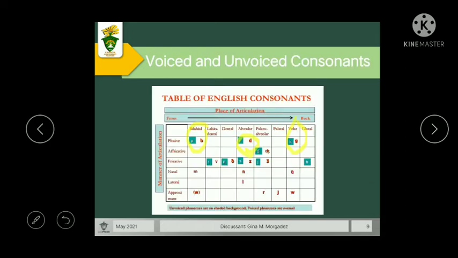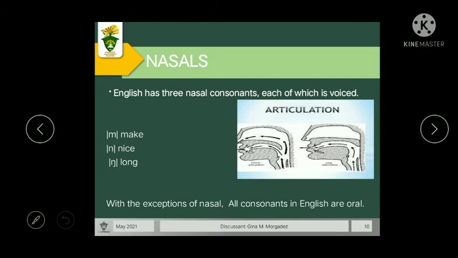So where is nasal? The nasal m is bilabial, n is alveolar, and ng has a velar place of articulation, touching the soft palate. Okay.